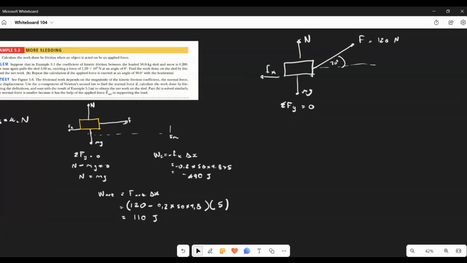Are you sure about that? Anyone else agree with that? I'm not sure myself. Let me just quickly check. Definitely not 60.